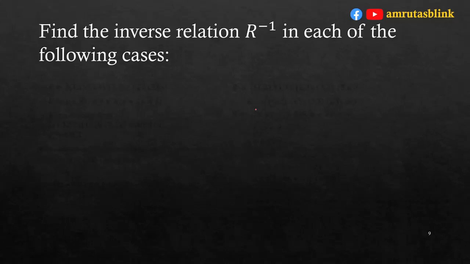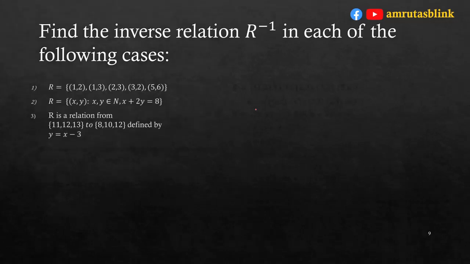Find the inverse relation R inverse in each of the following cases. There are three different conditions given; we'll see them one by one. R = {(1, 2), (1, 3), (2, 3), (3, 2), (5, 6)}. R = {(x, y) : x, y belongs to N and x + 2y = 8}.